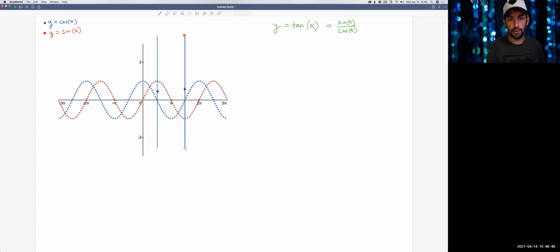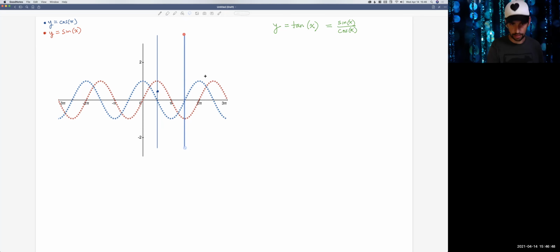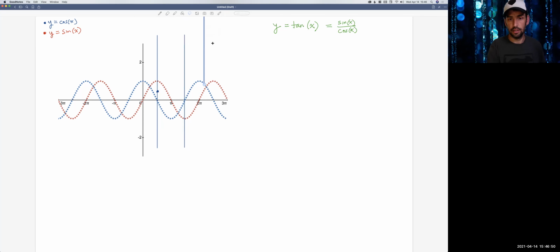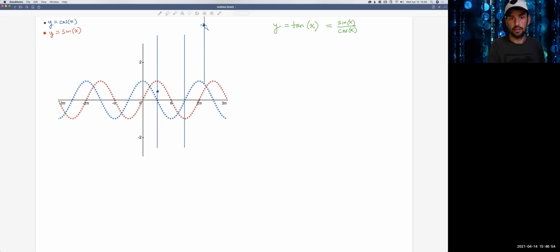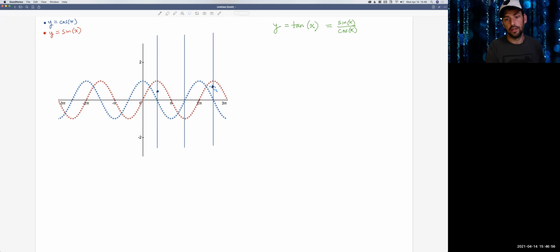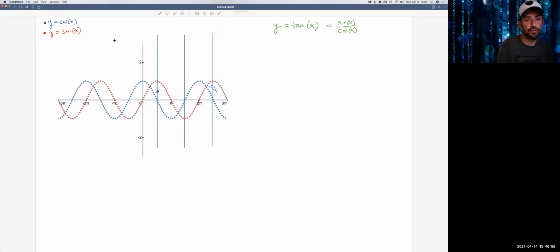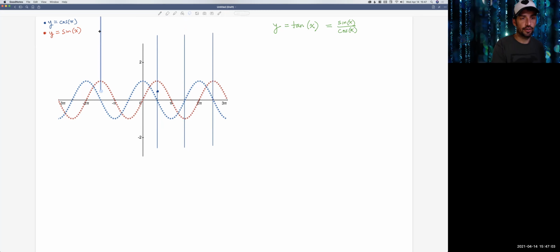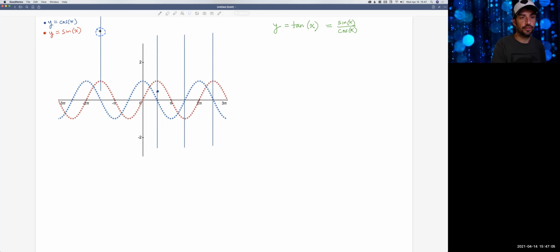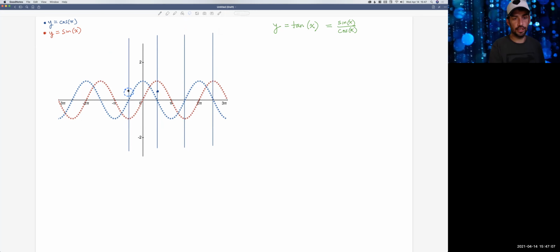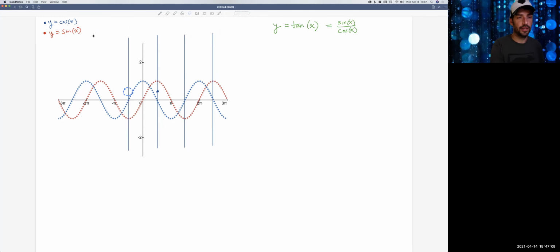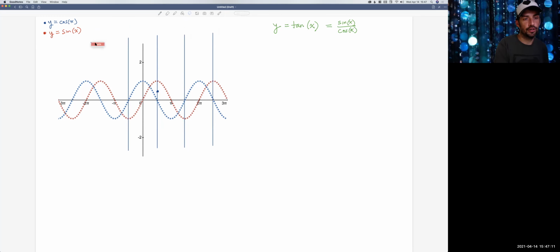There's a 0 of cosine here. A 0 of cosine. All right, I'm just drawing the ones that are visible here. Obviously, this graph goes on forever, so you'd be able to do this, we could keep doing this on and on and on. I'll just put in one more.